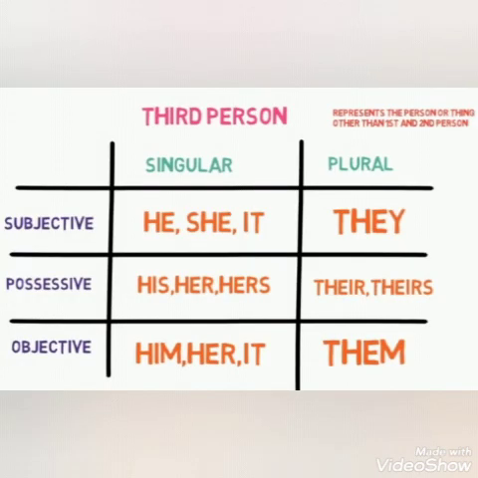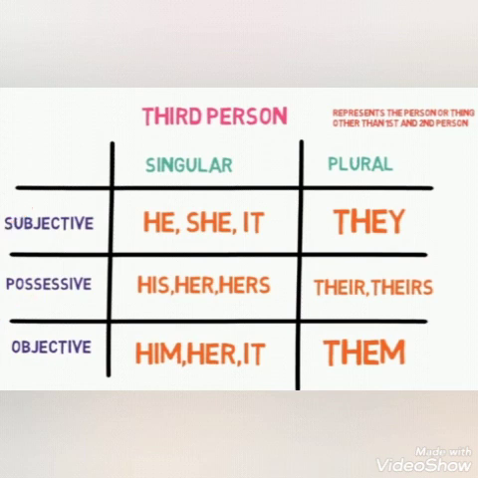Now let's look into the third person. It represents the person or thing other than the first person and second person. They are divided into singular form and plural form, and further into subjective, possessive and objective like the other forms.